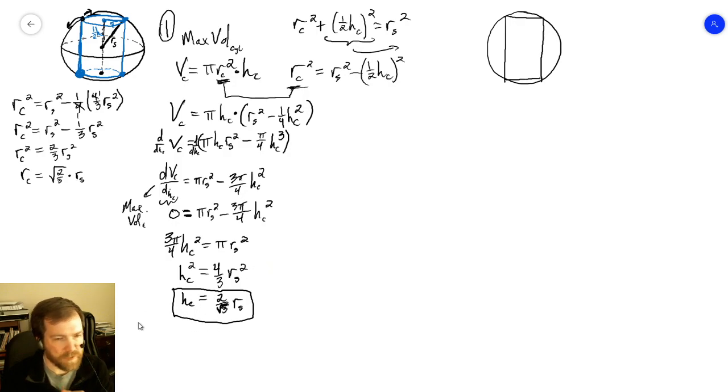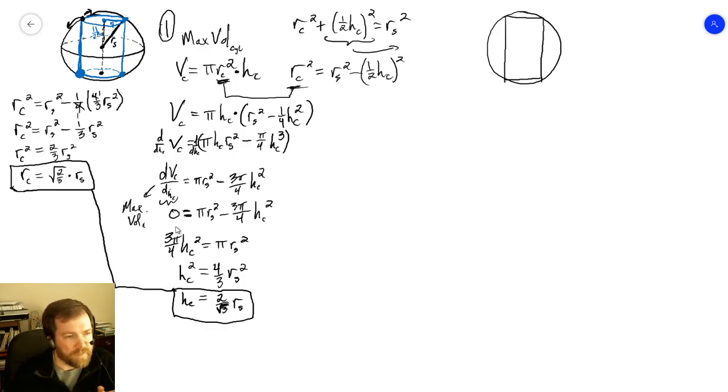Radius of the cylinder needs to be square root of 2/3 times radius of the sphere. So now we have dimensions for the cylinder, and again, the one that has maximum volume.